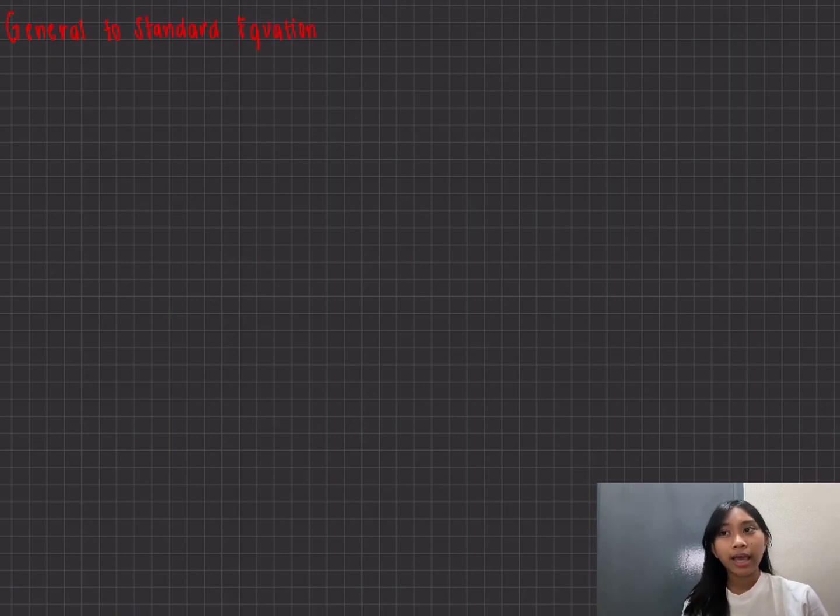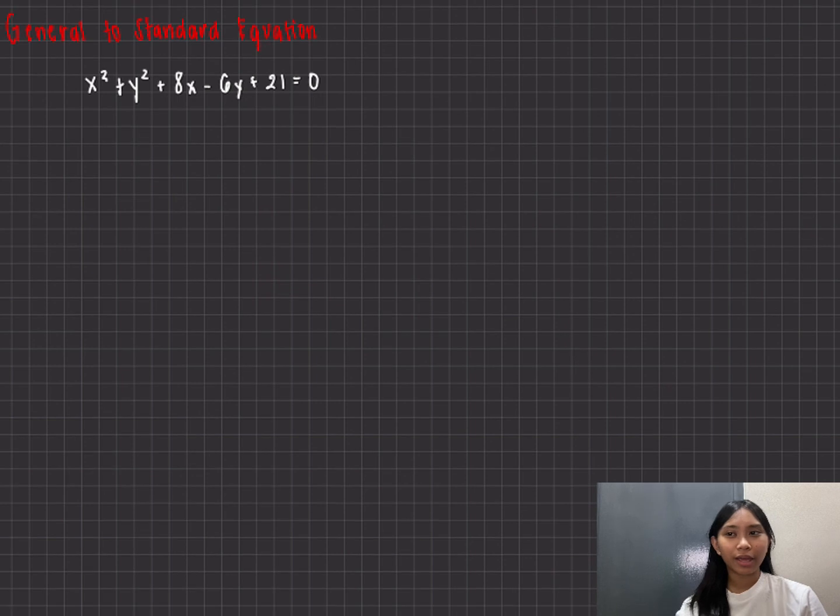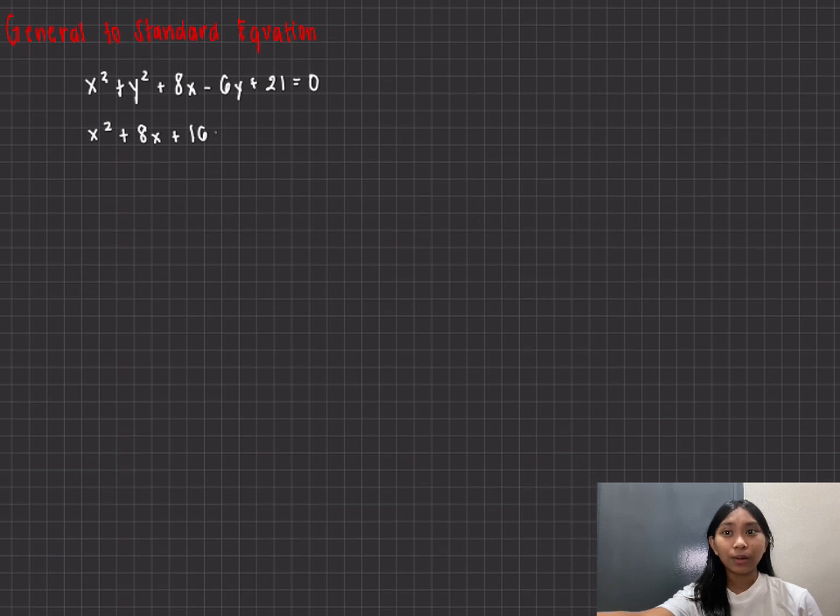Let's have another example, but now let's transform the general equation to the standard equation. The first thing you do is rearrange the equation, then expand the equation by making it a perfect square trinomial. In order to make a perfect square trinomial, get the 8x divided by 2, then squared, that will give us 16.